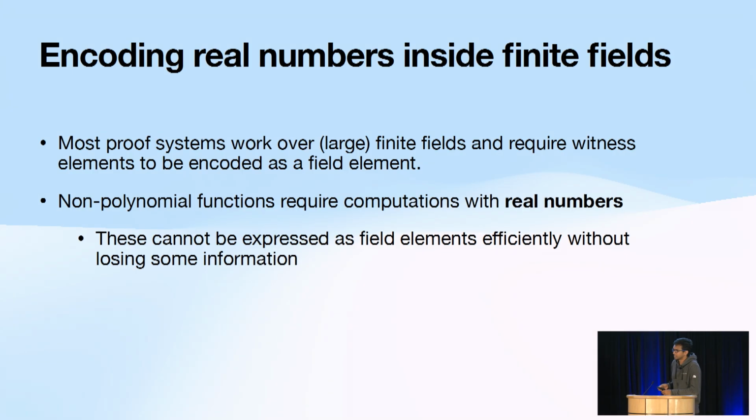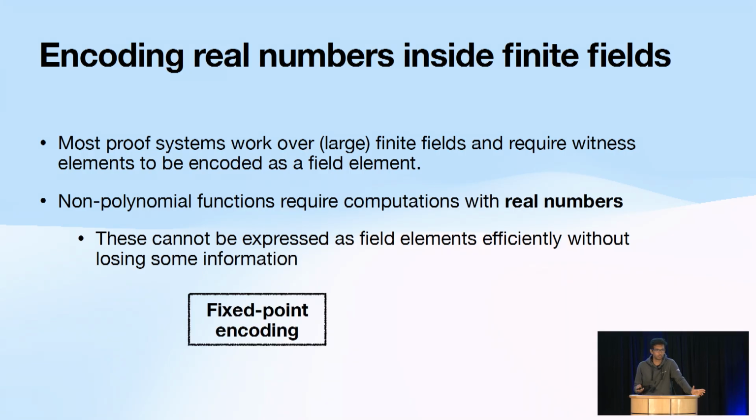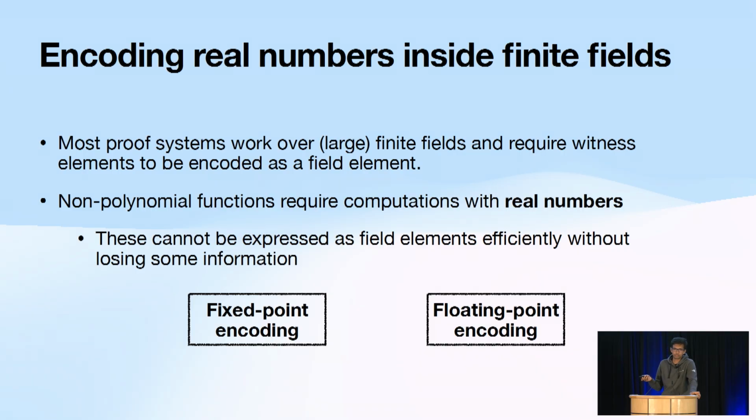The problem is that because the non-polynomial functions require you to compute with real numbers, you cannot express them as field elements without losing some information. A real number has, I guess, an infinite amount of information in it, and you need to encode it somehow. Two ways to do this are a fixed point encoding or a floating point encoding. For the purpose of this talk, I'll be focusing mostly on fixed point.